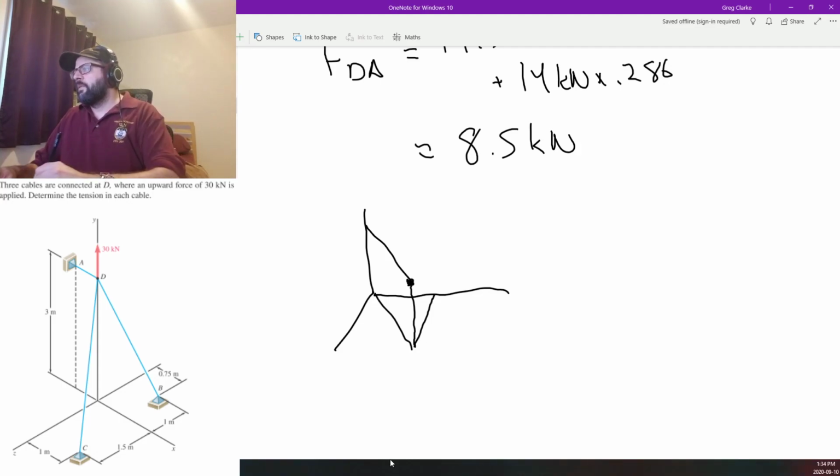And say we've got this point in space here, and we're obviously worried about this unit vector, this force here.